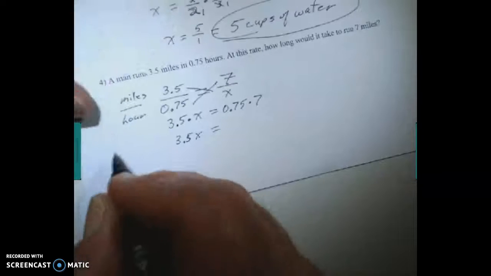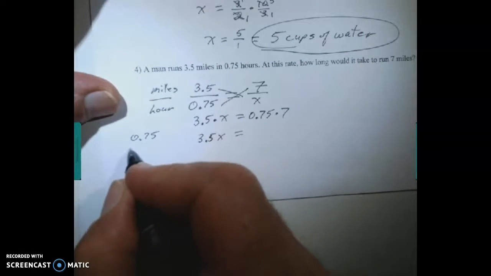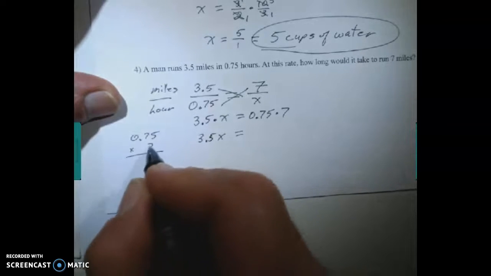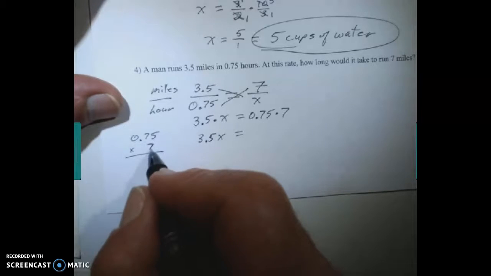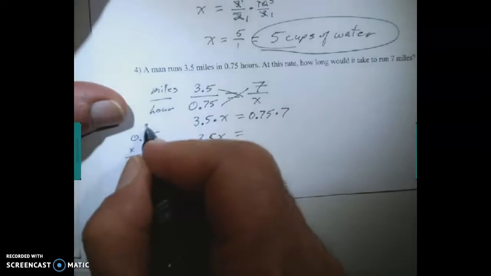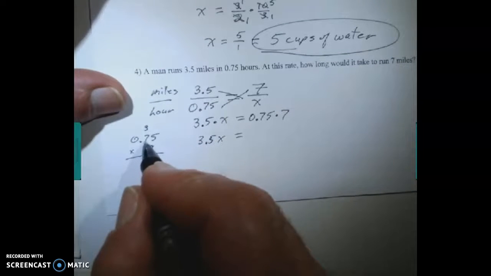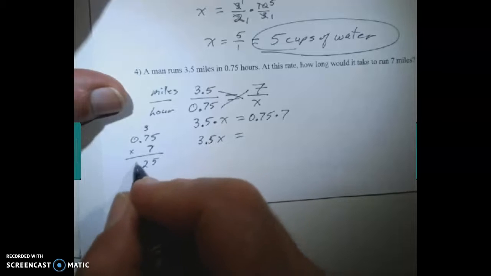And then do this math. 0.75 times 7. Forget about the decimal point. Act like it's 7 times 75. So 7 times 5 is 35. Carry a 3. 7 times 7 is 49. Plus the 3 is 52.